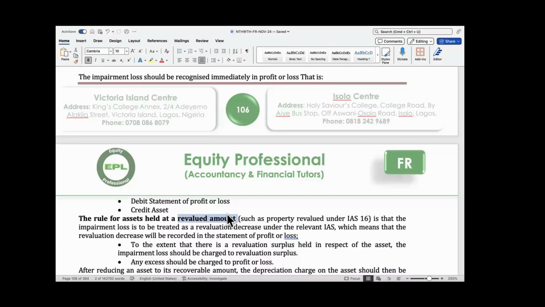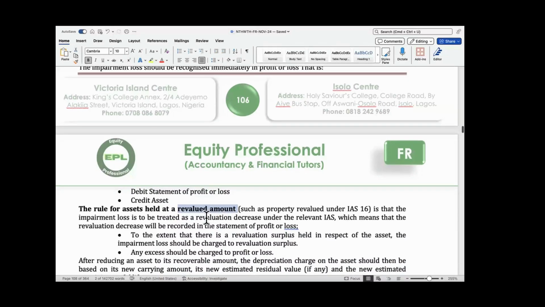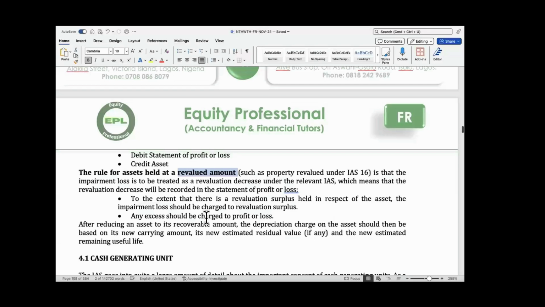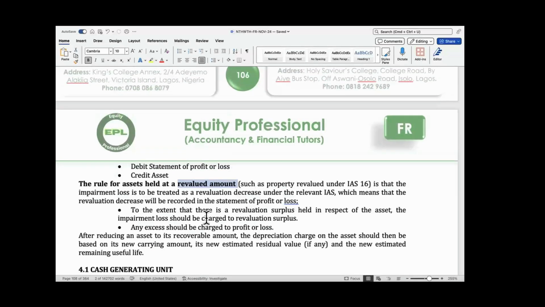It's only if there is excess that it will go to P&L. That's the only new thing here for assets that an entity uses the revaluation model for.